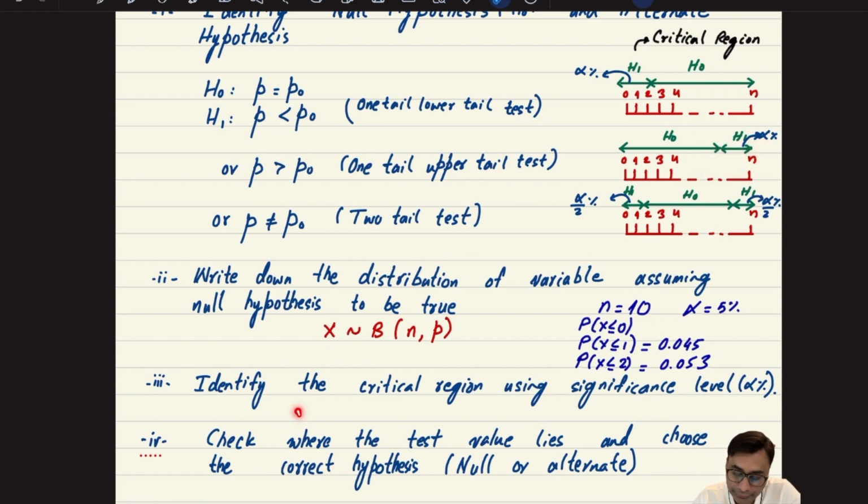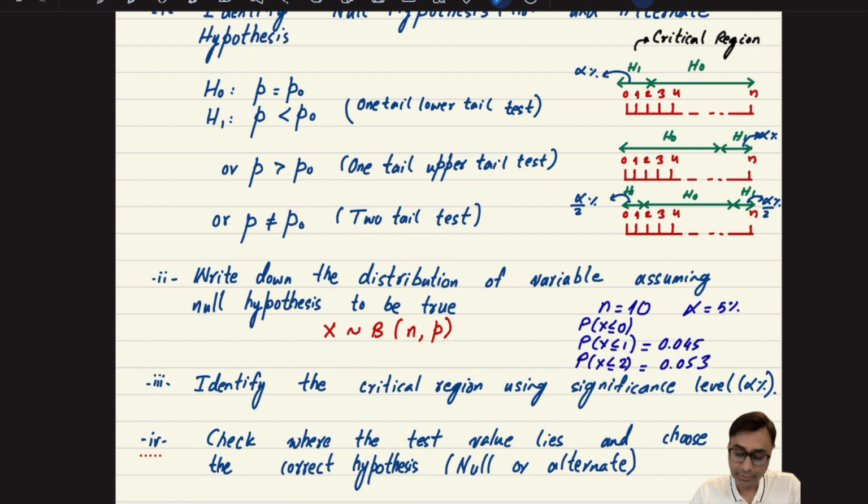The next thing that you have to do is to identify the critical region based on your significance level. Once you have identified the critical region, you will have a particular test value that you are testing, and you will see where the test value lies.